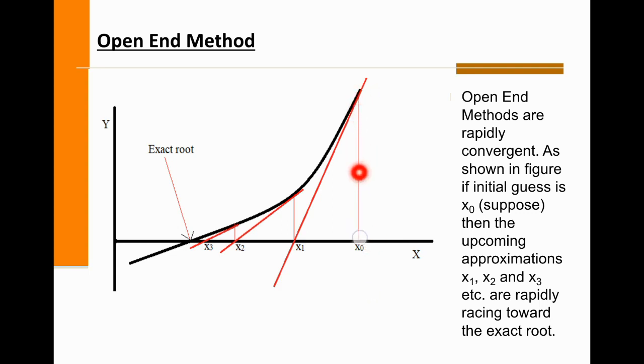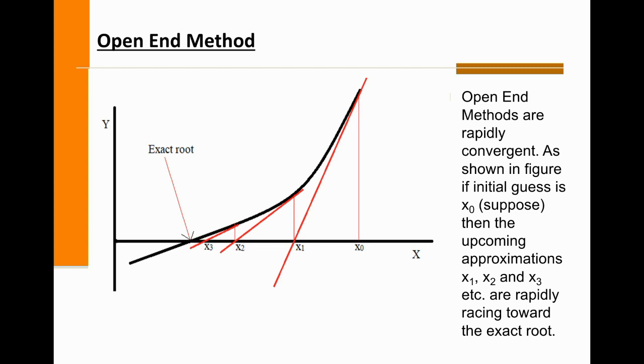From this initial approximation, at this point we draw the tangent, and where this tangent cuts the x-axis is our new approximation. This is the methodology of the Newton-Raphson method. Now again at x1 we draw the tangent, and this tangent falls at x2 on the x-axis. This is our second approximation. In this way we will find the root.